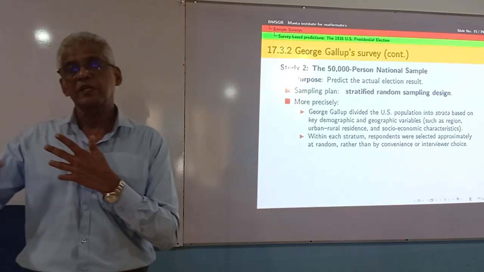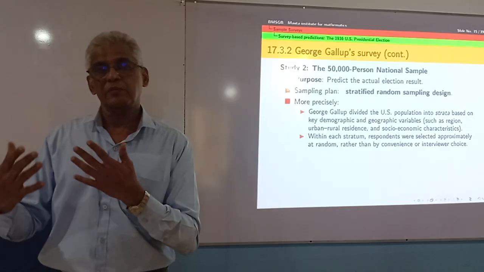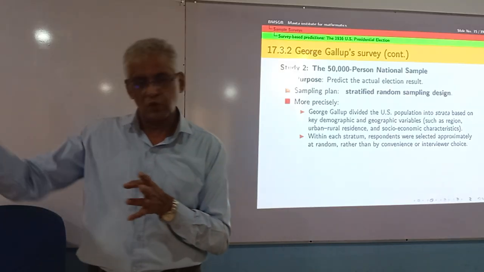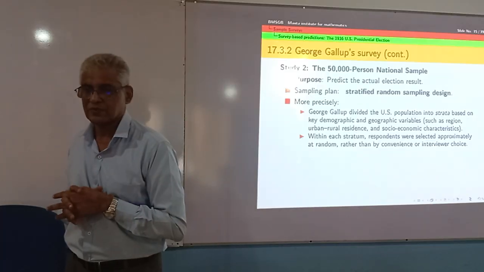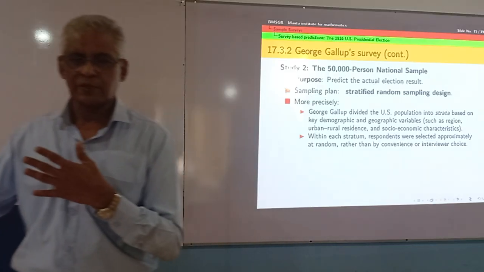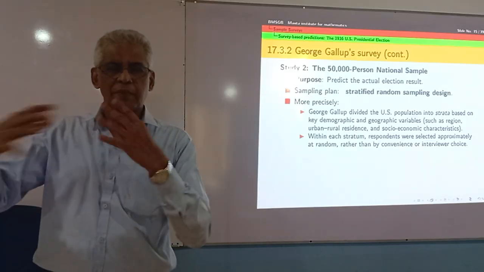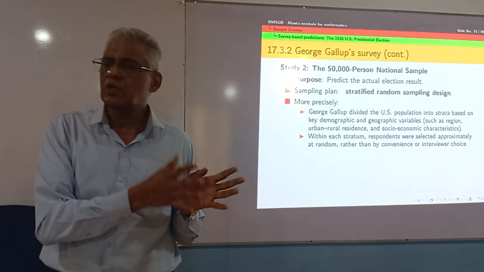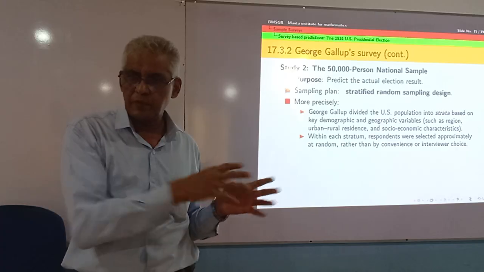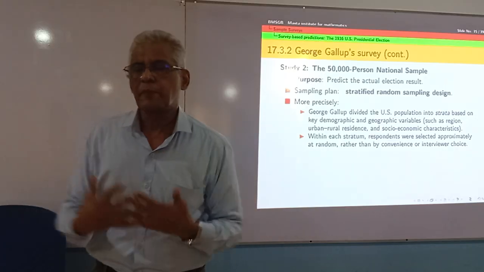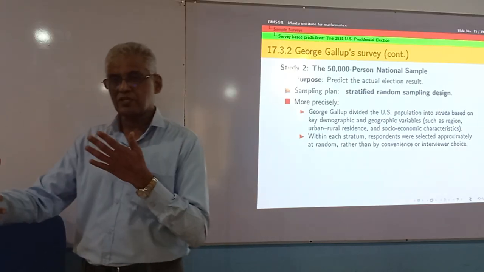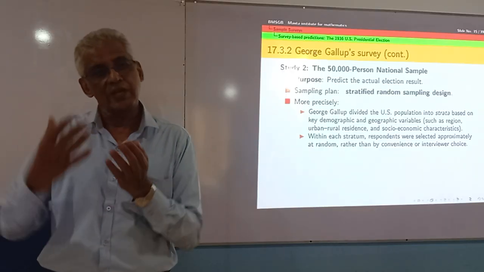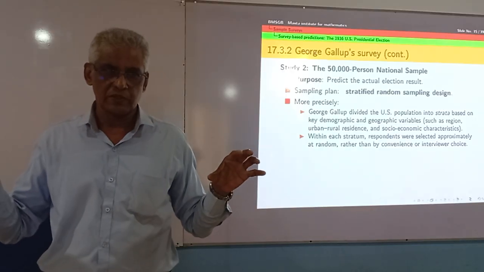depending on some variables on which the vote will depend. So, for example, young people may be mainly voting for one person, and older people will be voting for some other people. If the voting pattern depends on age, then we divide the population according to the age group, for example.